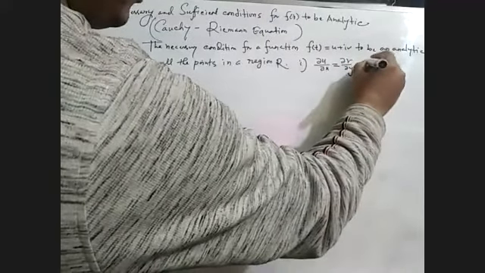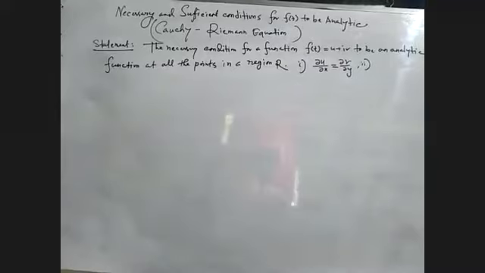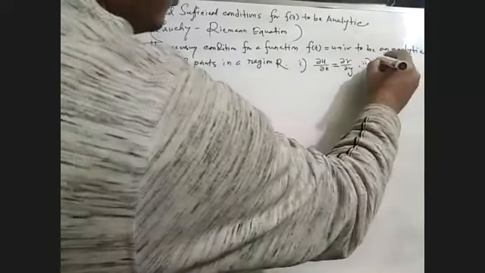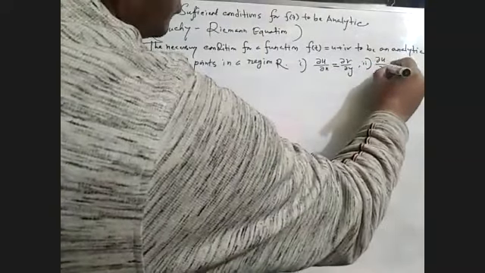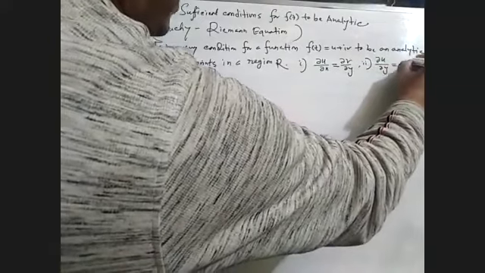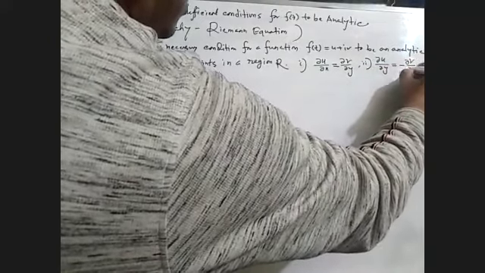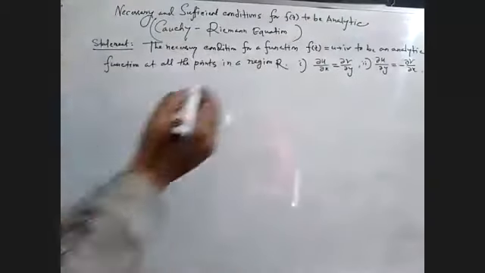And the second condition will be partial differentiation of u with respect to y equals minus partial differentiation of v with respect to x.